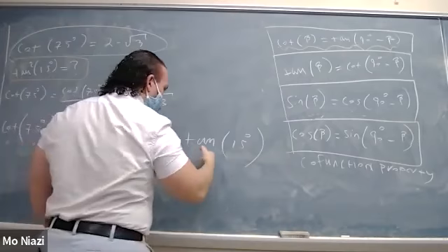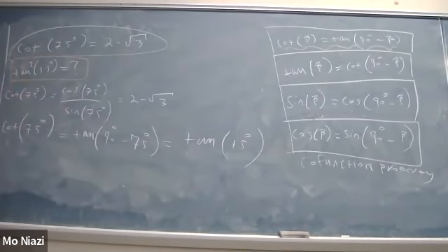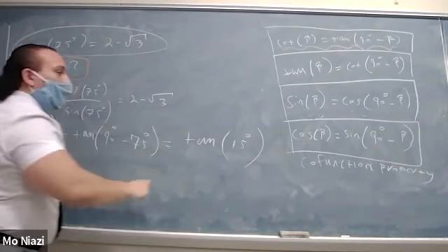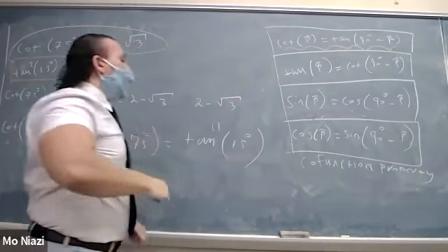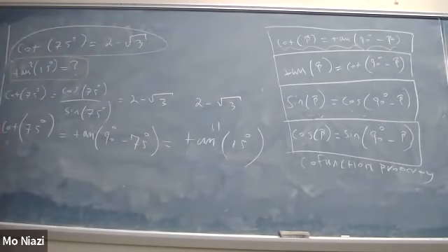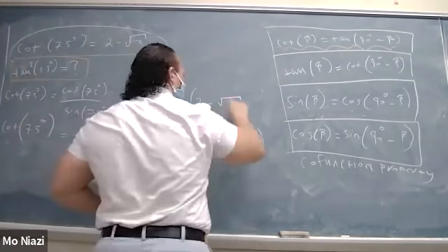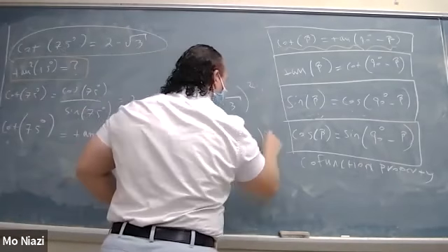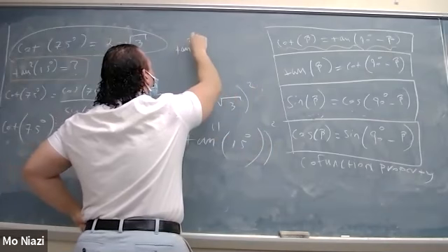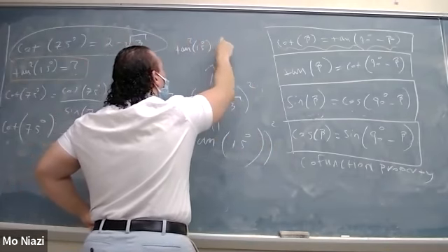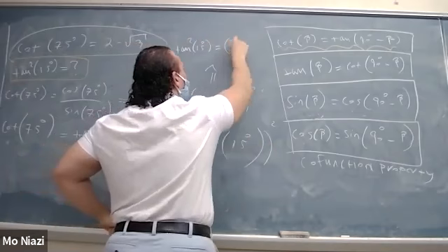But look, tangent 15, when we go all the way back, is equal to cotangent 75. But cotangent 75 is equal to this. So this thing is equal to 2 minus square root of 3. And we aspire to find what is tangent squared 15. So why don't we just square both sides of the equation? Square this, square this. Then I get tangent squared of 15 degrees is equal to this quantity squared.